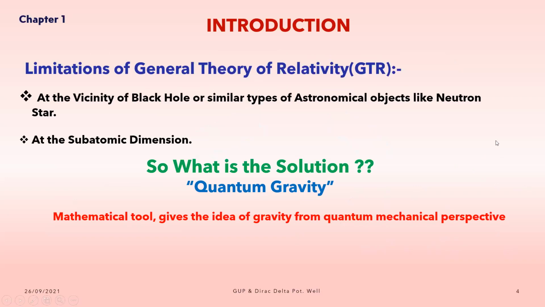Now we know there is a limitation of general relativity in the vicinity of a black hole, and also a neutron star, and also at the subatomic dimension. So we have a mathematical tool and a theory by which we can explore that subatomic dimension and the weakening of black holes and neutron stars. That is quantum mechanics.